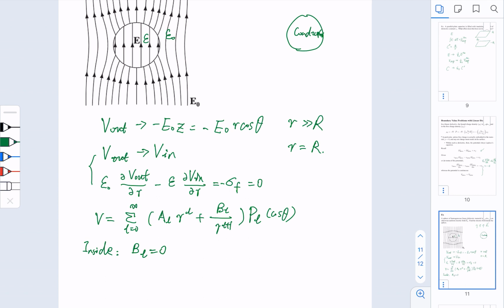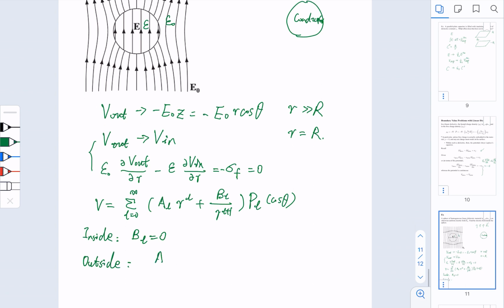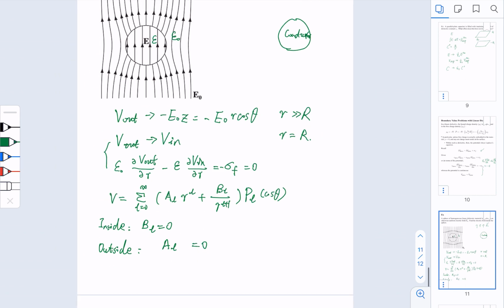And then outside, normally A_L should be 0. However, in our problem, the A_L can take the value of minus E naught because of this strange boundary condition that far away V must be proportional to E naught times r cosine theta.